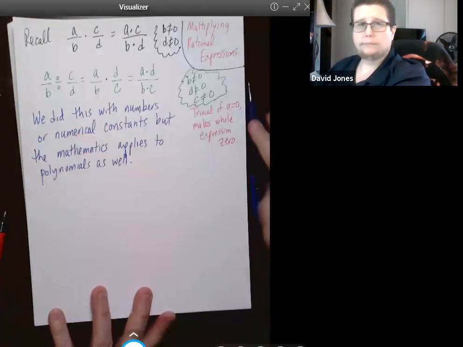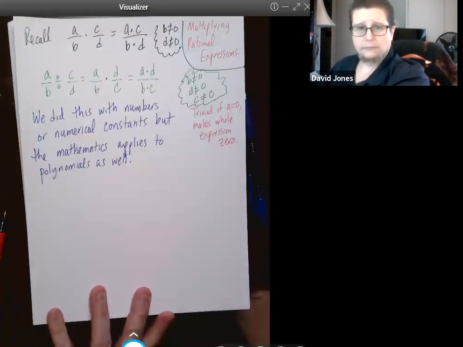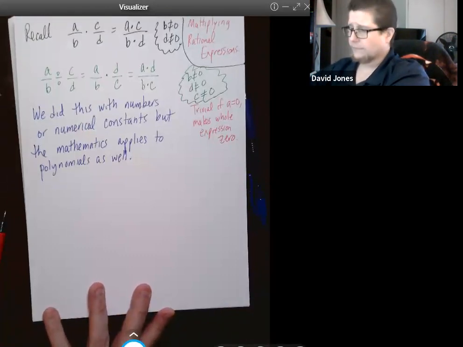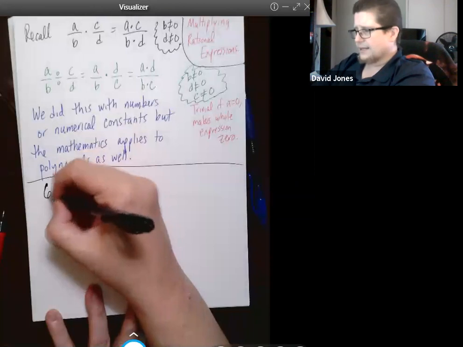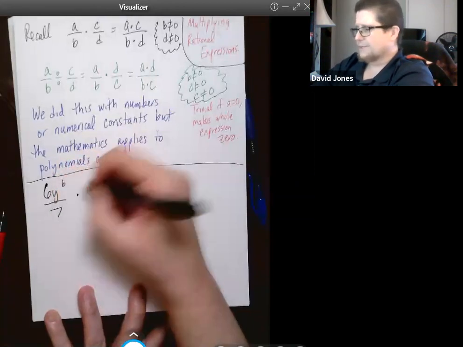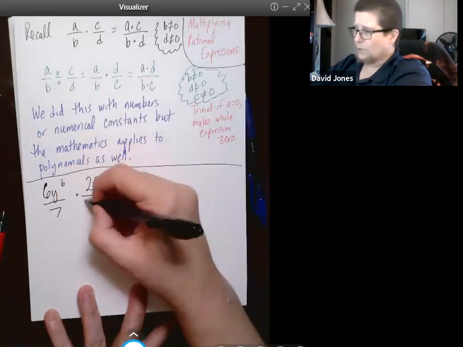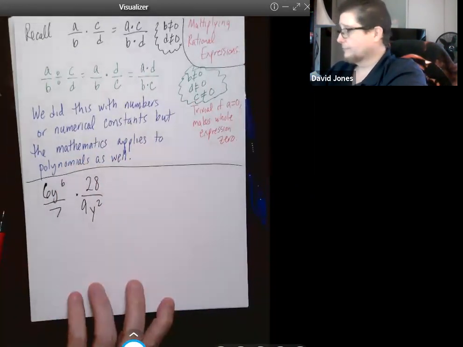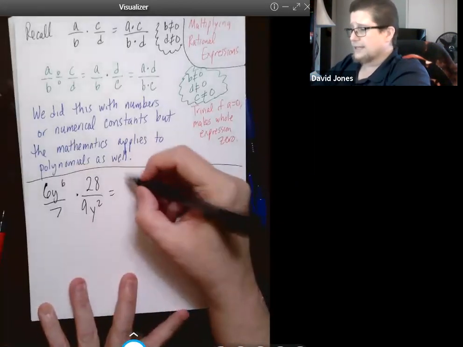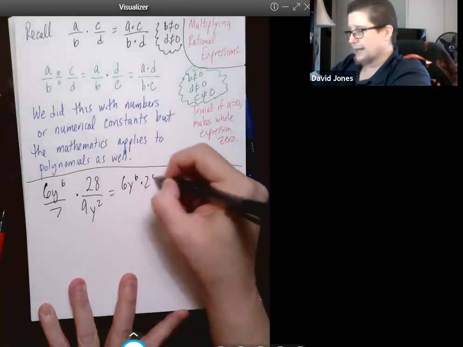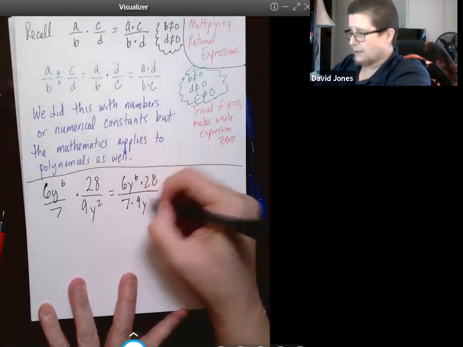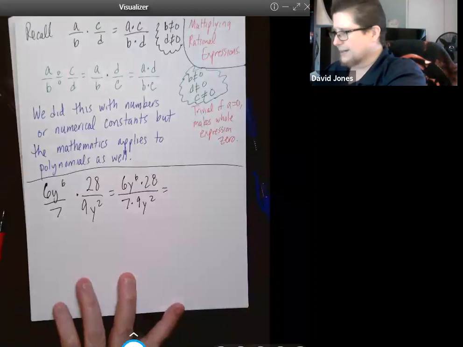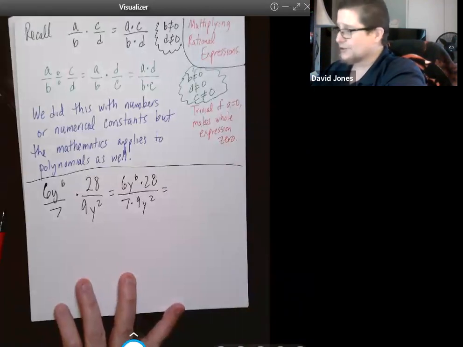For example, six y to the sixth over 7 times 28 over 9y squared. This equals 6y to the sixth times 28 over 7 times 9y squared. And rather than multiplying the numbers together, I'm going to factor everything and cancel.